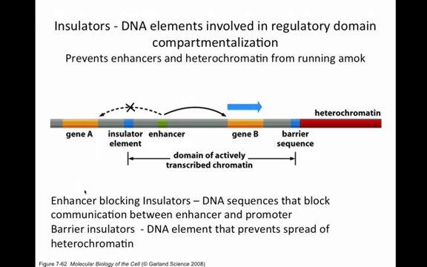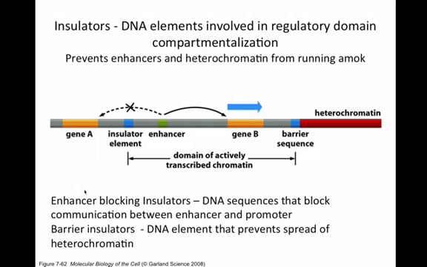And so sometimes you'll have gene A and gene B here, and the quandary I was trying to stir some discussion about was, if you've got an enhancer here, what keeps it from activating this gene here, and what makes it just activate this gene here?